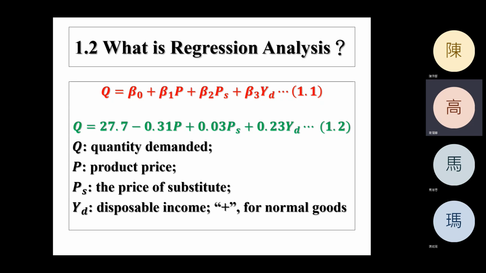Although the demand is a function of the price of the product, the price of substitutes and the personal disposable income, we're not testing the cause effect. That's a very important idea. We don't test the cause effect, but just test the statistical significance of their relationship. Remember this one. If you don't understand this, never mind, just remember it.